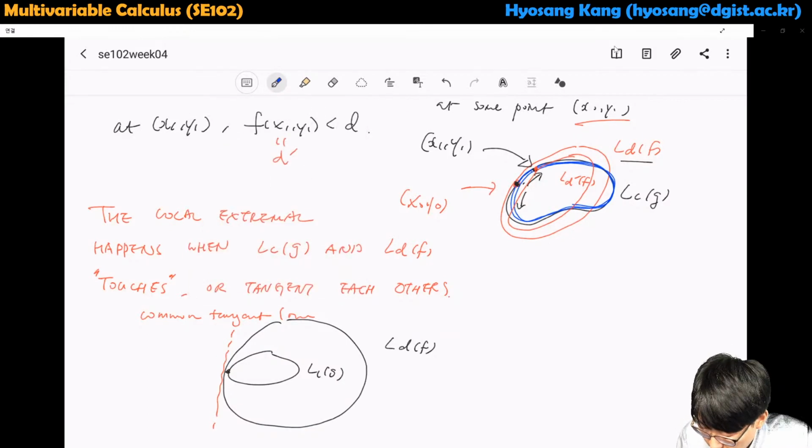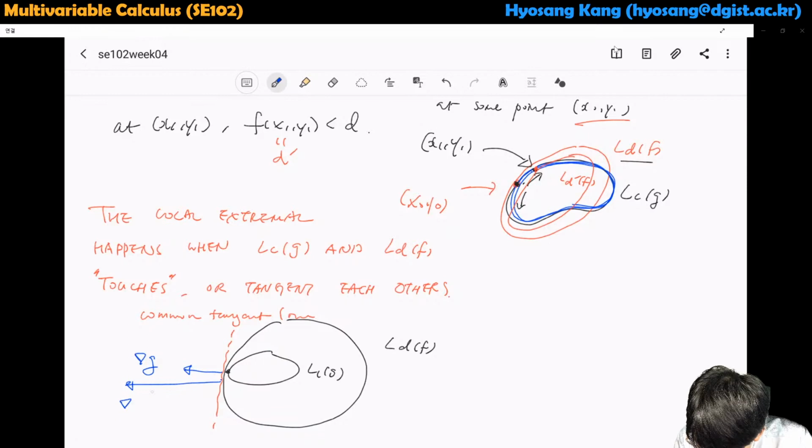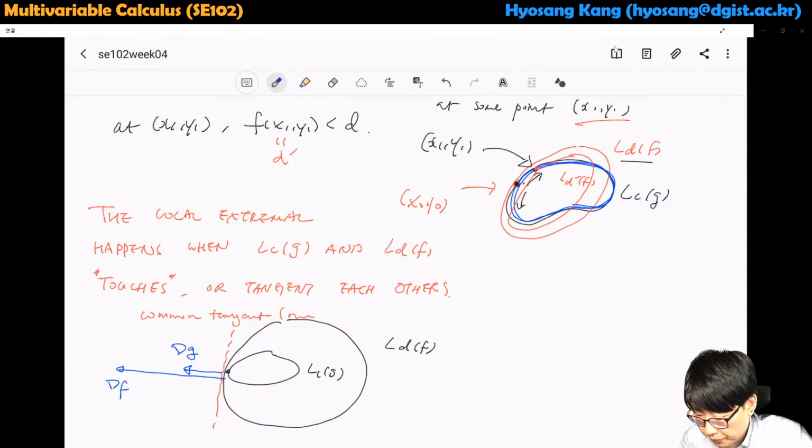We know that the gradient vector of G is perpendicular to the level set of G. And also the gradient of F, sorry, it doesn't look perpendicular. So gradient F is also perpendicular to the tangent line which touches the level set of G.